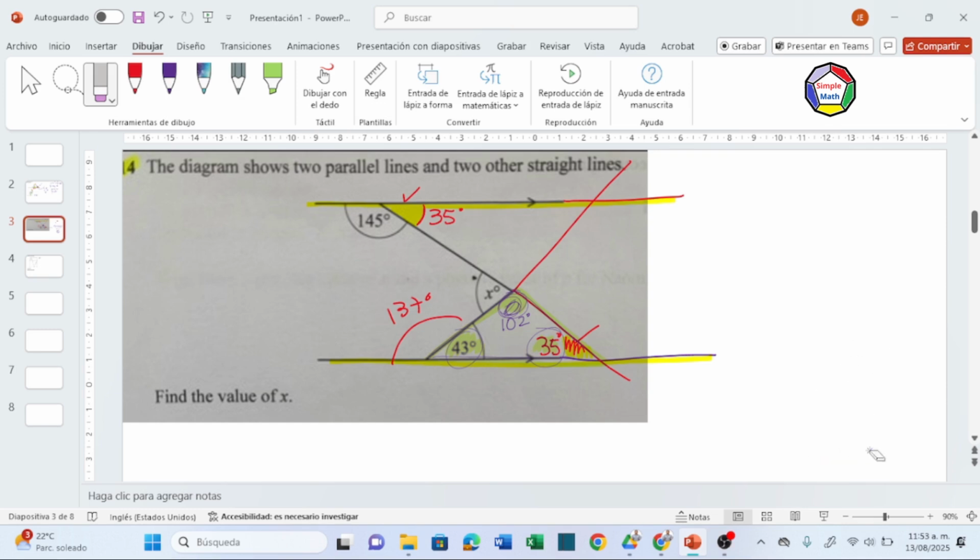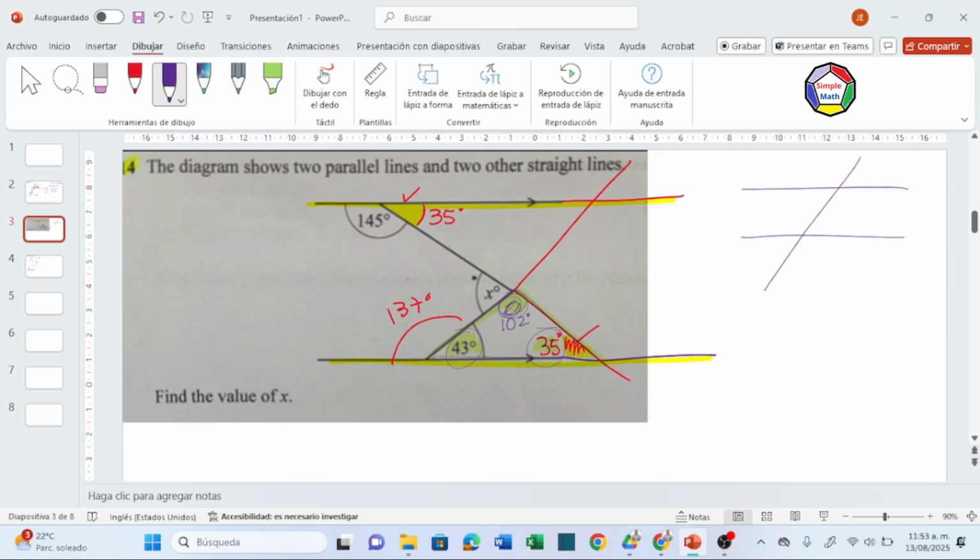We don't need this anymore. So let's make the picture again. So we have these two parallel lines and we have this transversal, right? According to that, let me see it a better way.